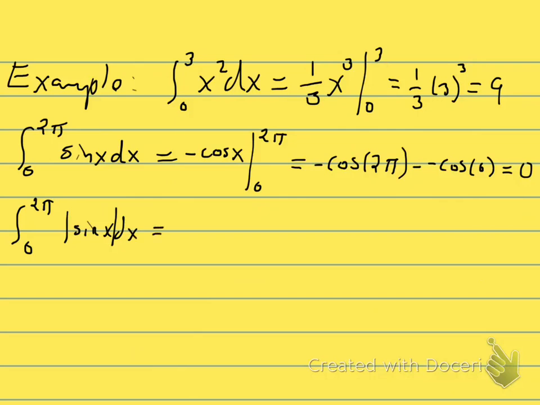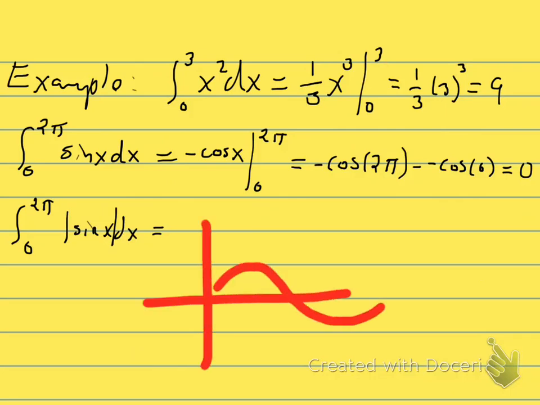And so your sine function looks kind of something like this, more or less right there, and then this point here at pi is where it changes from a positive to a negative in terms of the function value. So we need to split that up. What the absolute value is going to do is pop this portion up like that, so we have two areas that we'll find here and here.